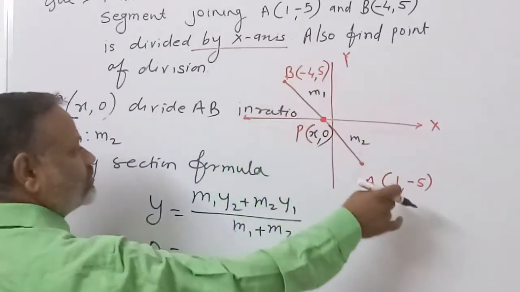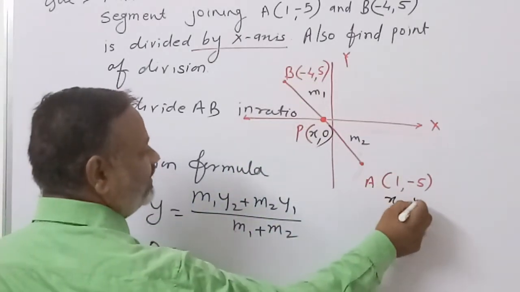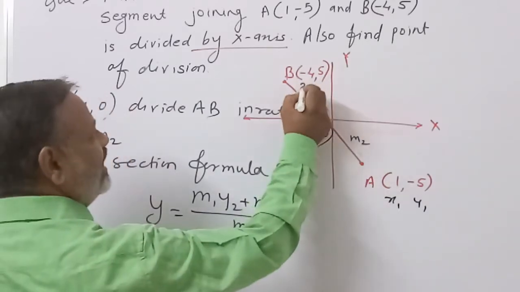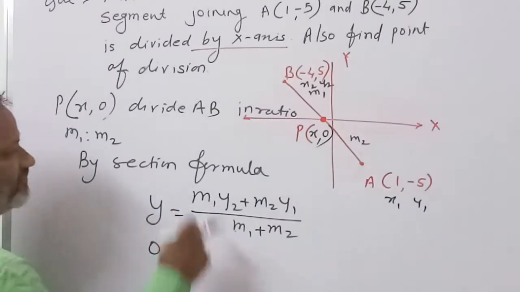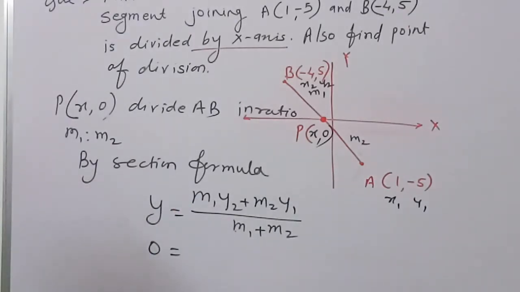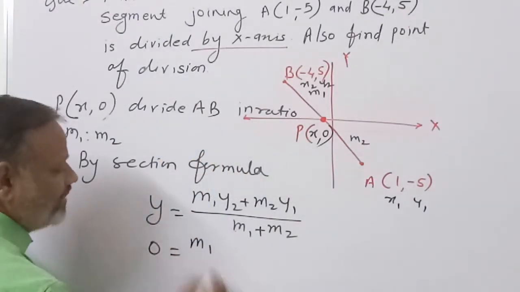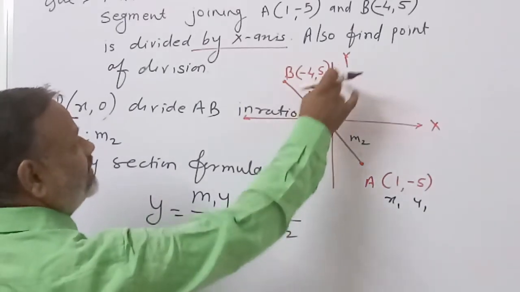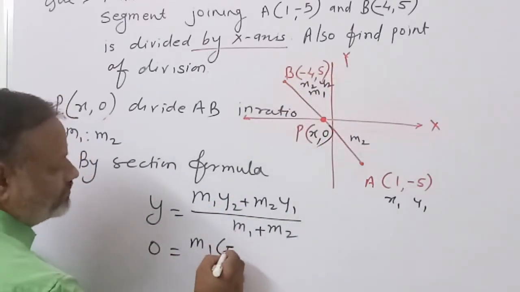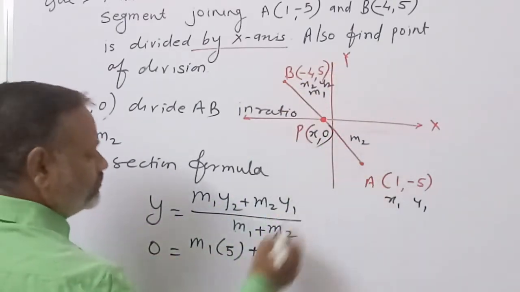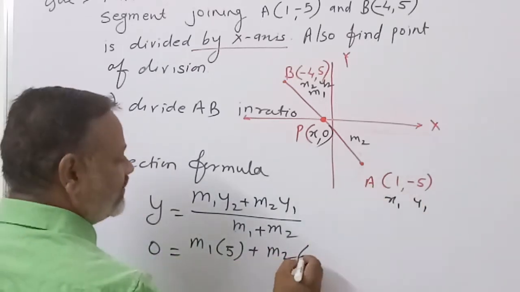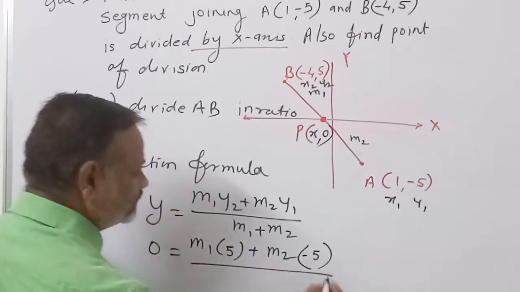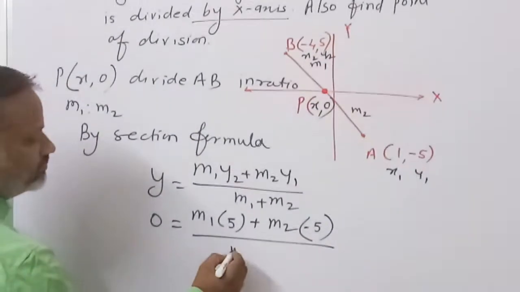जो डिवाइड कर रहा है उसको, जिसको डिवाइड कर रहा है उसमें पहला पॉइंट रहेगा x1 y1 और दूसरा पॉइंट रहेगा x2 y2. पुट अप करेंगे वैल्यू, m1 व्हाट इज द वैल्यू ऑफ m1, नॉट गिवन, y2 मींस क्या, 5 प्लस m2, द वैल्यू इज नॉट गिवन, y1 -5 upon m1 plus m2 as it is.